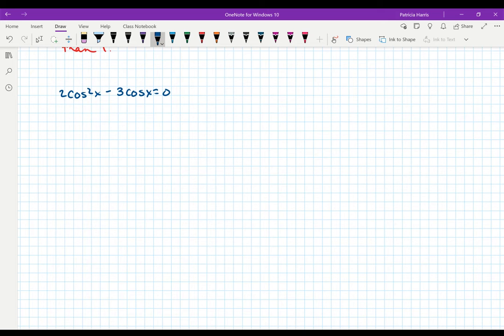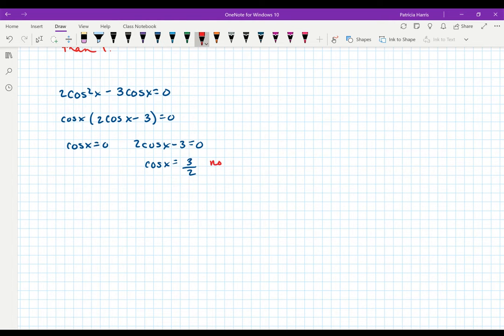Let's try that one. Okay, so I can factor out a cosine. Setting each factor equal to 0. Solving. Well, can cosine ever equal greater than 1?